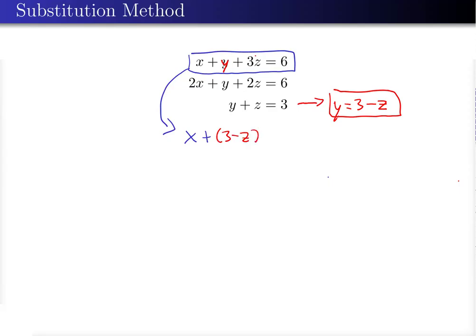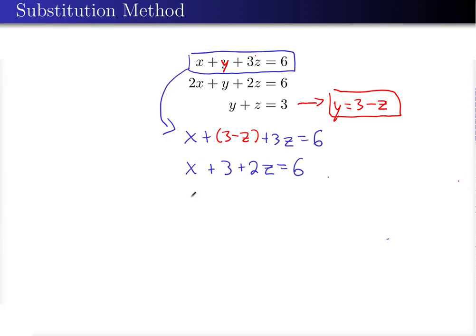And then I still have this plus 3z is equal to 6. Okay, so we could group like terms here. I have an x, I have a plus 3, I have a minus z and a plus 3z. Those two are going to combine to give me minus 2z. And this is going to be equal to 6.